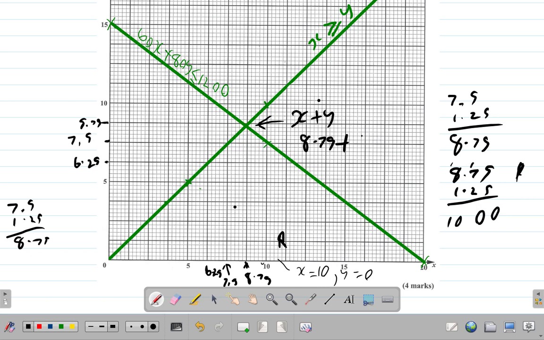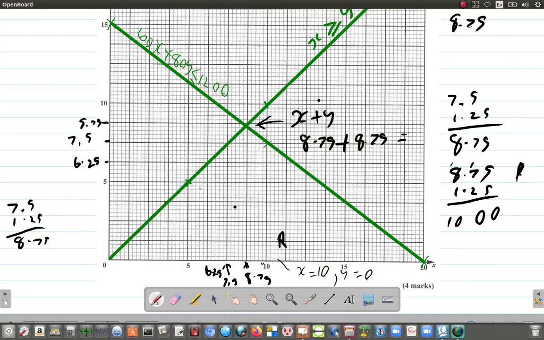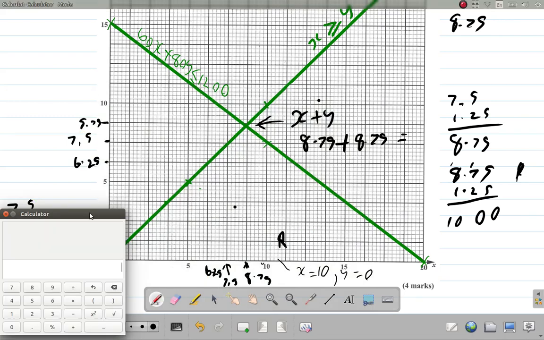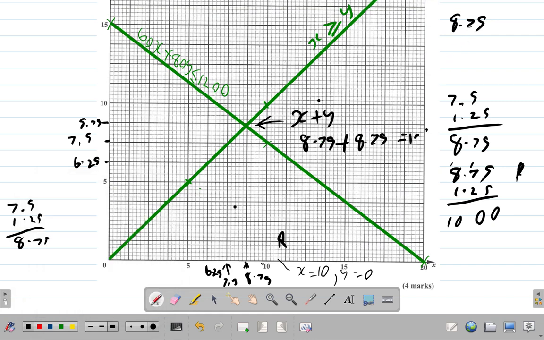So 8.75 plus 8.75, what does that come to? Let's multiply by 2 instead of adding it again. That is 17.5.